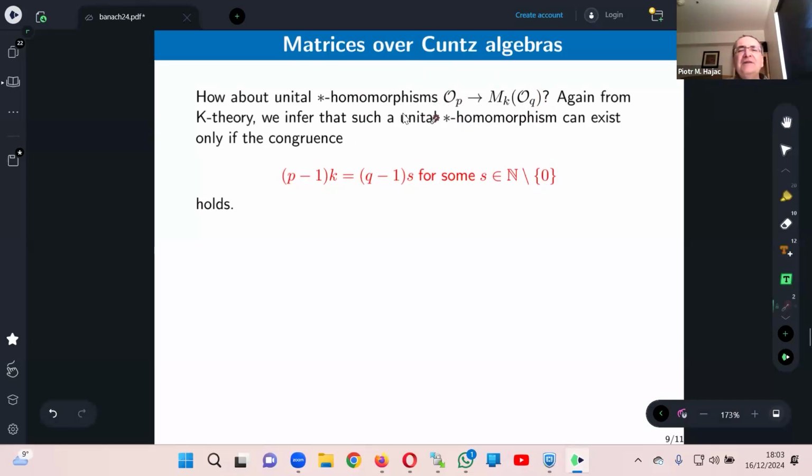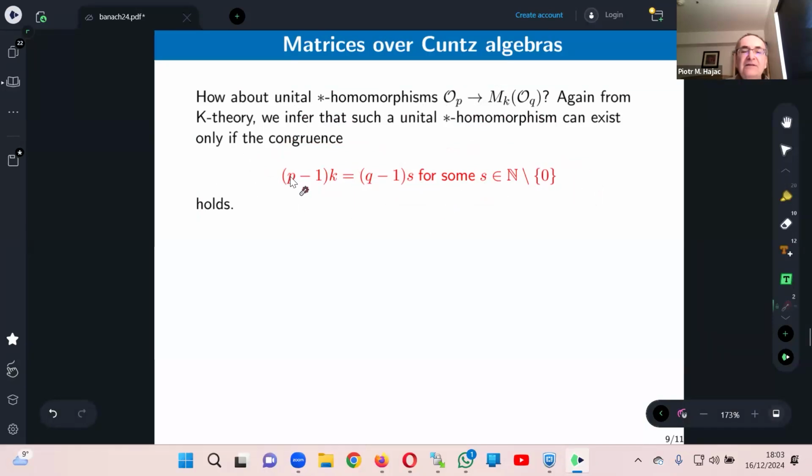I asked the following question. I mean, how about in general? In full generality, a unital star homomorphism from OP to K by K matrices over OQ. Well, again, from K-theory, we infer that such a unital star homomorphism can exist only if this congruence is satisfied. Now you see it's more complicated because you have just one independent parameter, this S. But you have three numbers, P, K, and Q, not just P and Q. Okay, and again, the story is the same. 0 must be mapped to 0.